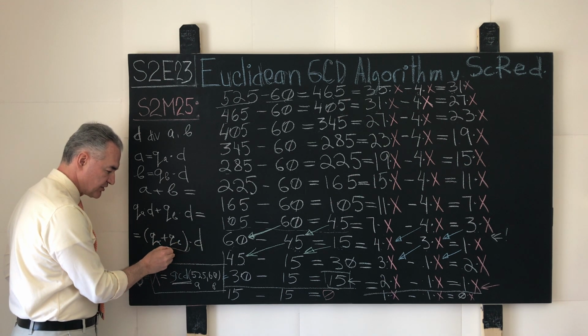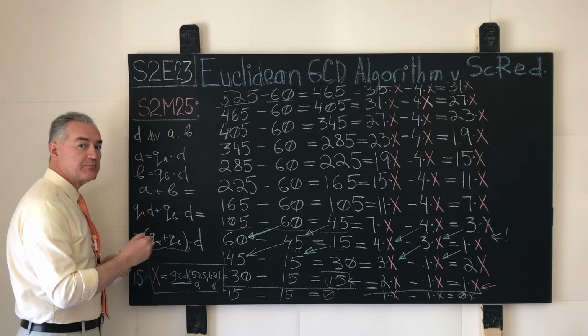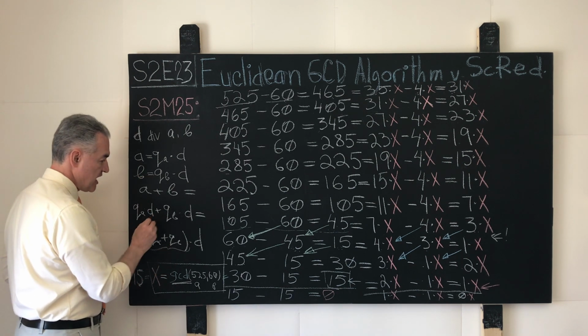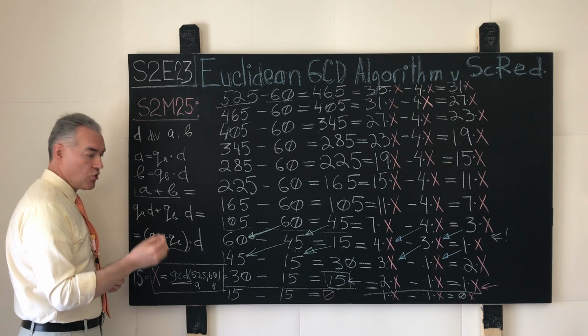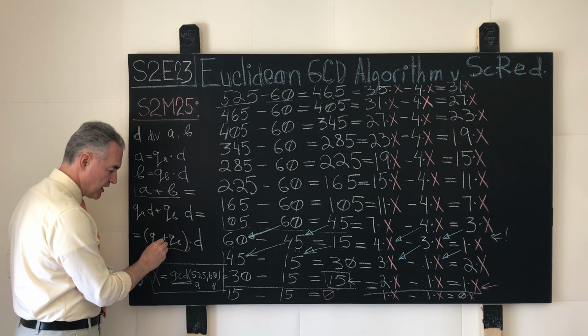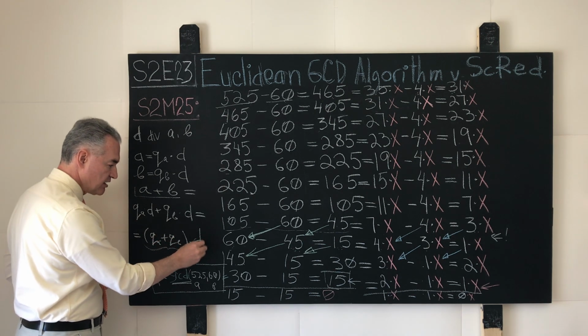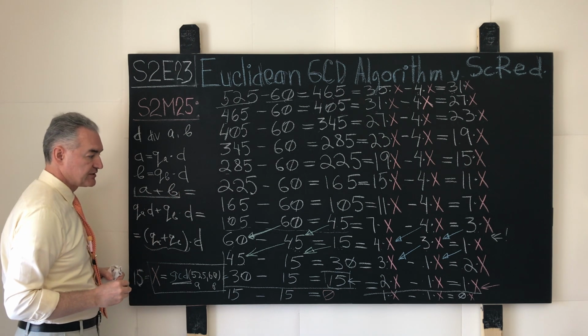And this is precisely the definition of divisibility in the integers. And that means that for a plus b, there exists a whole number, qa plus qb, such that this number times d yields precisely the sum a plus b.